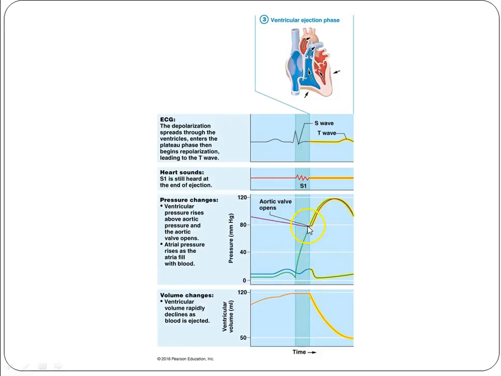Okay, so at this point, when we cross the aortic pressure, so the pressure in the ventricle, the green line, exceeds the pressure in the aorta, that purple line, now we have blood moving from high pressure in the ventricle to lower pressure in the aorta. So blood is going to leave the ventricle. So that blood is ejected, so the volume of the ventricle is going to decrease.